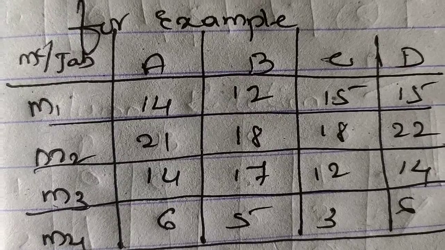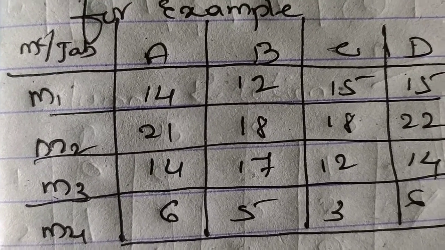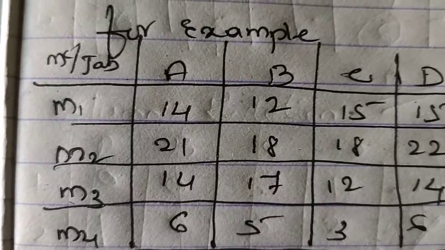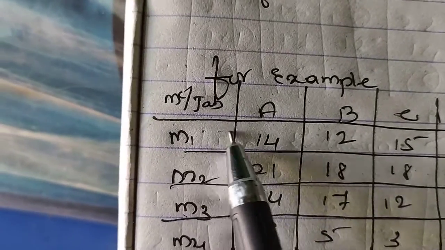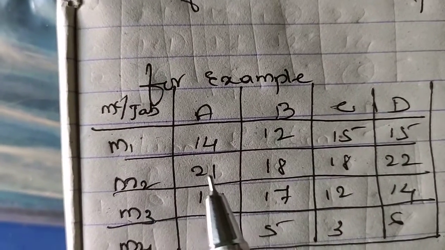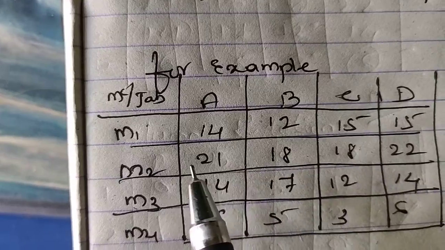Here first we should go for row minimization. Row minimization means in the first row, which is the least element, and in the second row, which is the least element. We should identify them.